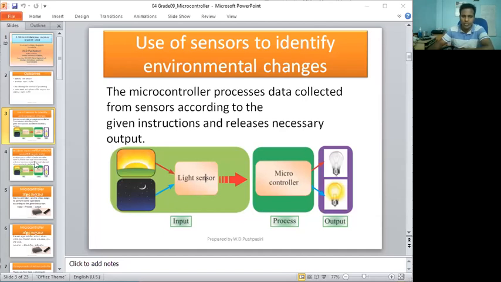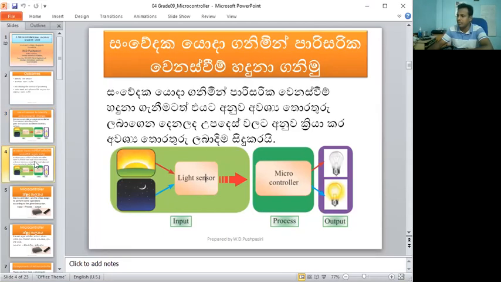Now the same thing I have given in Sinhala medium, but we don't need to go to Sinhala medium.